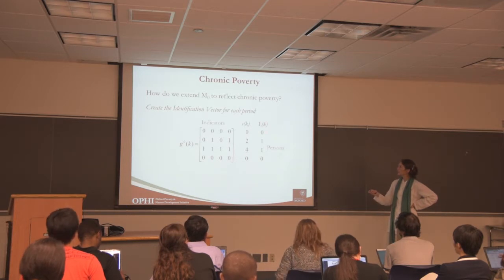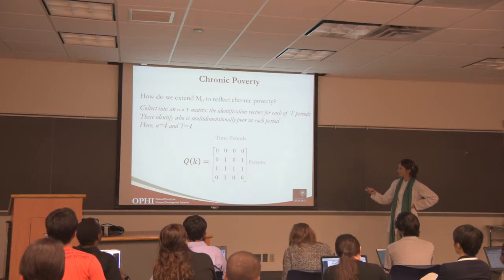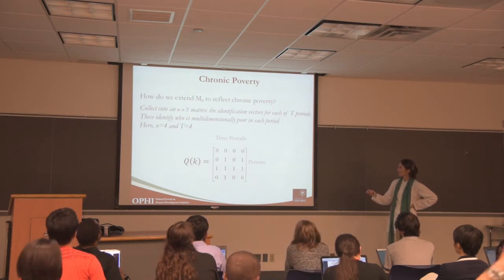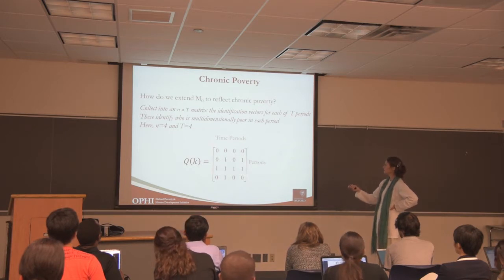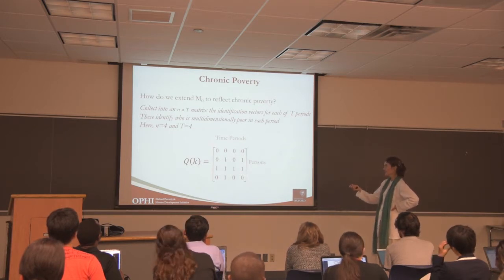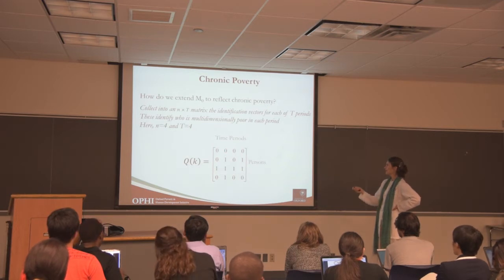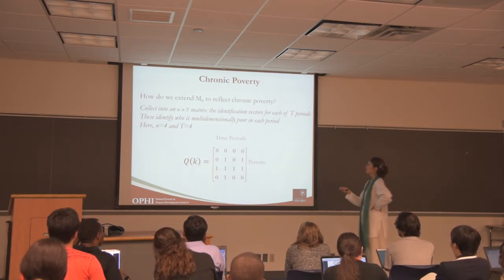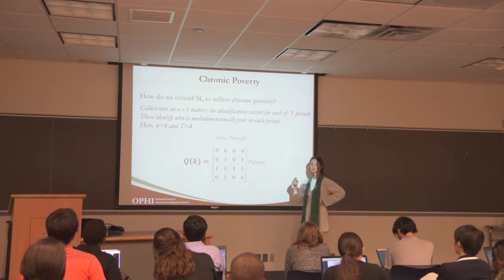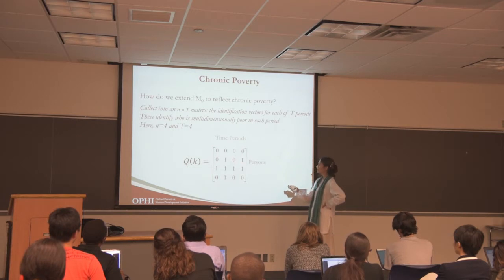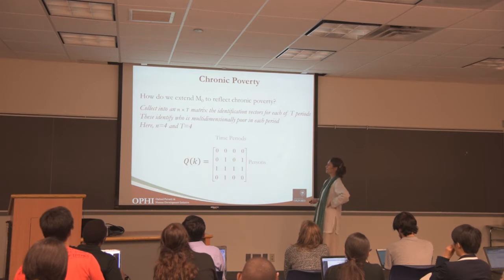So from period 1, you're simply taking the poverty status, who's poor and not poor, and you're putting it here. And so there are 4 people and there are 4 time periods. This is T4, not T1, sorry. T3, T2, and T1. So again, for each person, you are tracking: this person is not poor in every period. This person is poor, and we do say poor, they are multidimensionally poor in these 2 periods. This person is multidimensionally poor in every period, and this person is multidimensionally poor in 1 period.